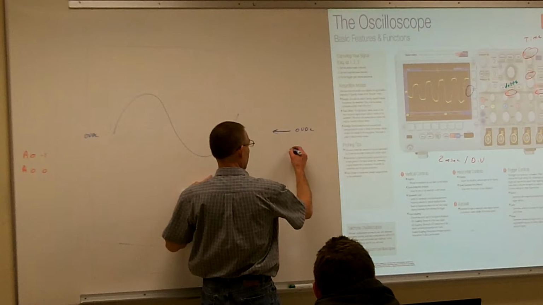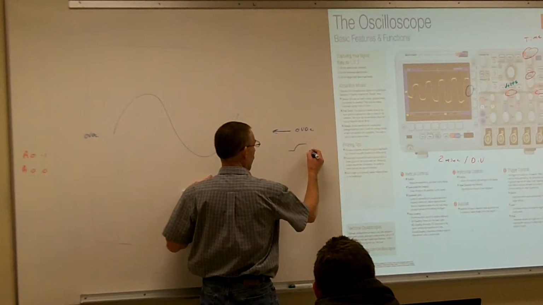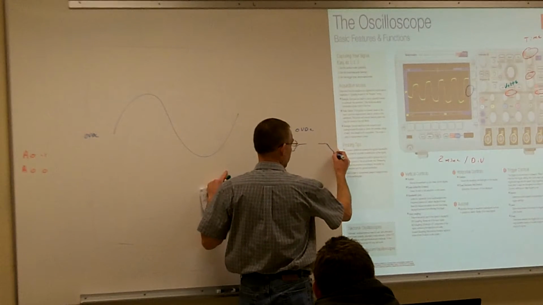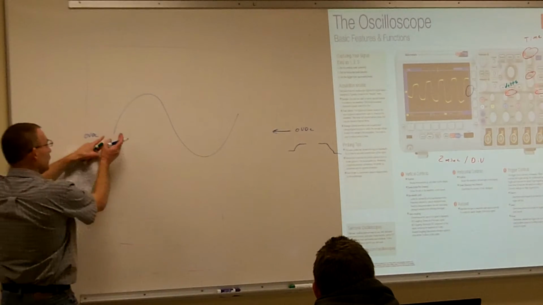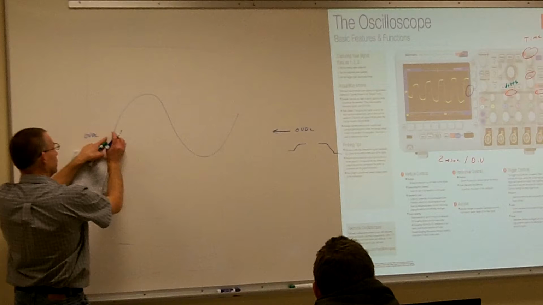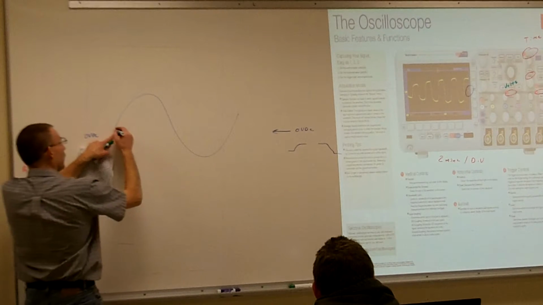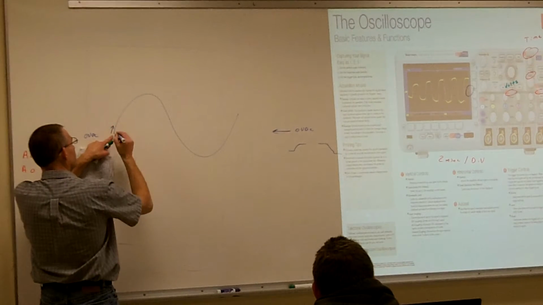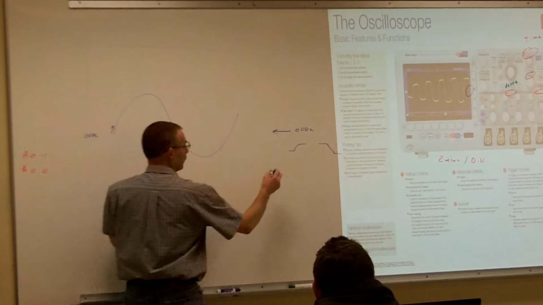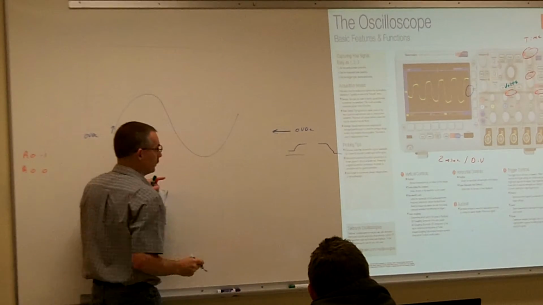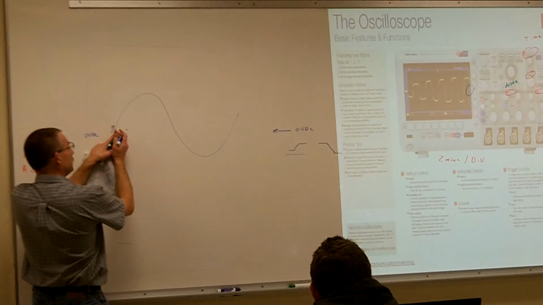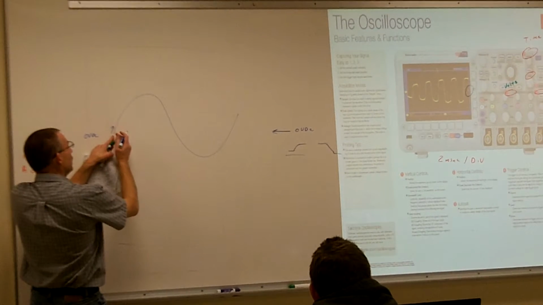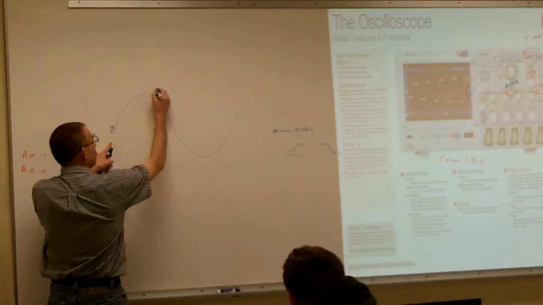Do I want to trigger on a rise, or on a fall? The trigger is going to look for when it gets to 0 volts and my voltage is increasing. If I have it set on a rise, which we typically use, as that voltage starts to go past 0 and rise, it's going to start drawing that signal.